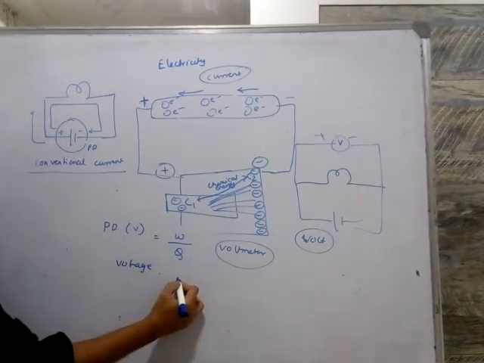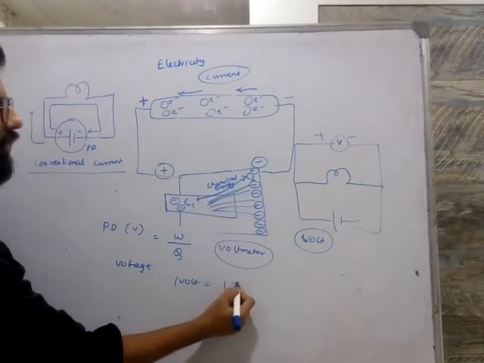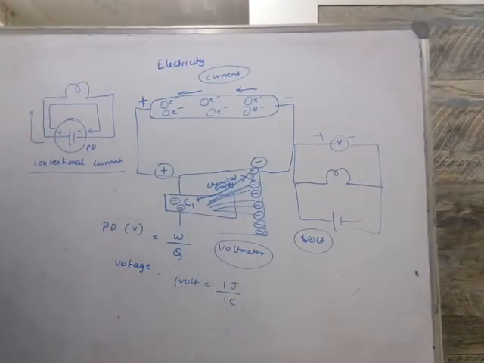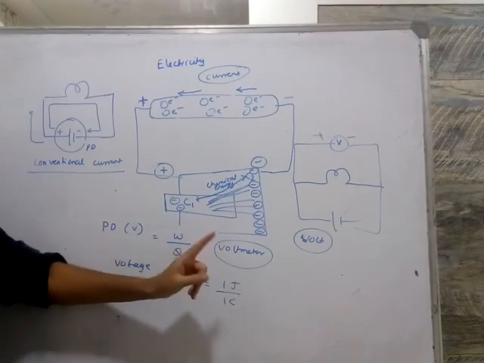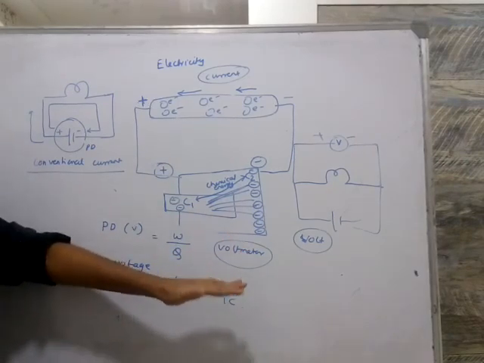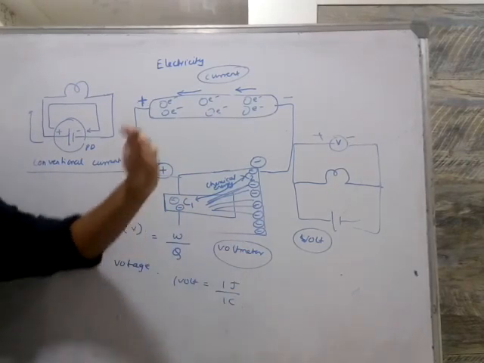We define 1 volt as 1 joule of work done in bringing 1 coulomb of charge from one point to another point.